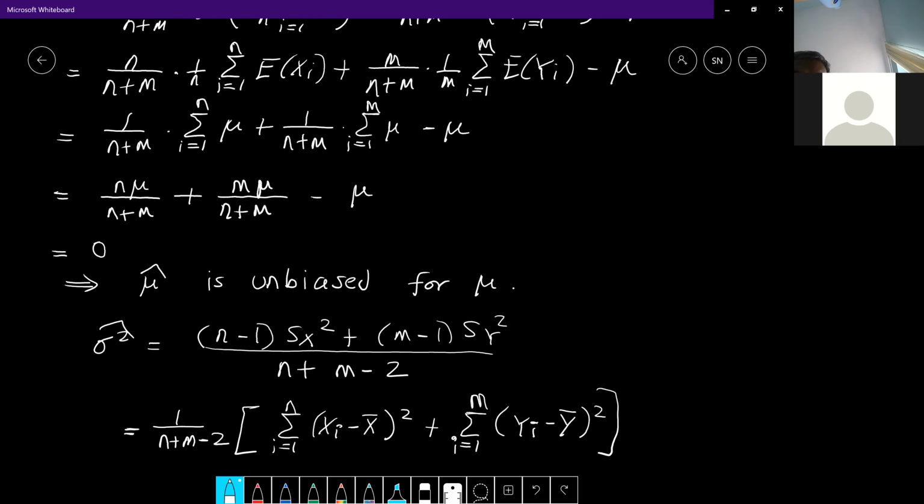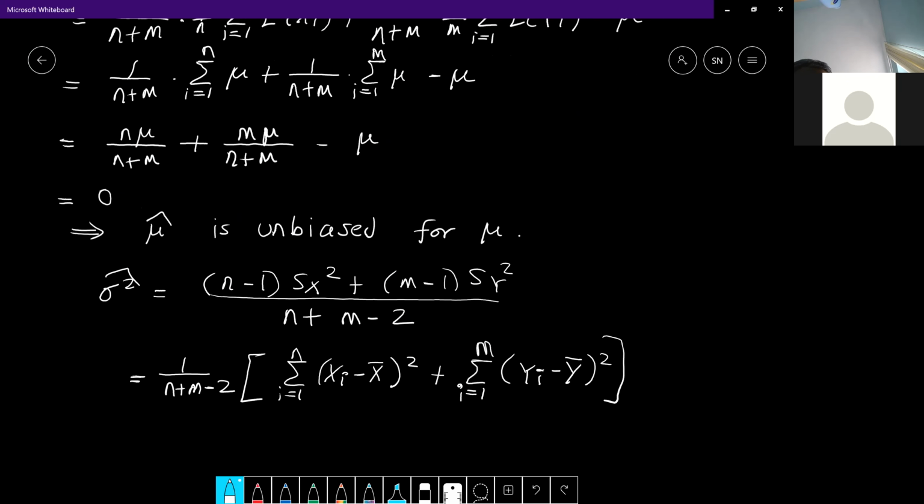Now we need to show that this is unbiased too. So we need to show that the bias is 0. I want to show that the bias of this, which is the expectation minus the parameter, is 0, right?